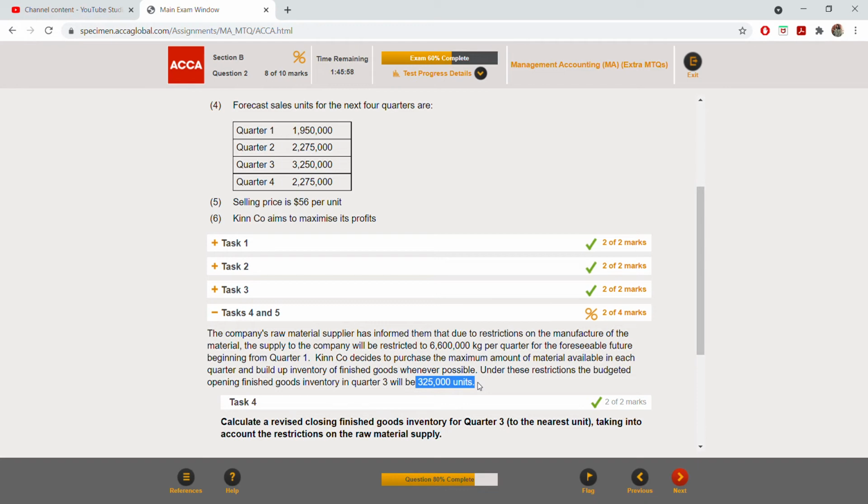Okay, because we are adding the opening inventory with the material needed, which is 2.2 million units plus 325,000 of opening inventory, which is 2525. So the closing inventory will be 0. Okay.